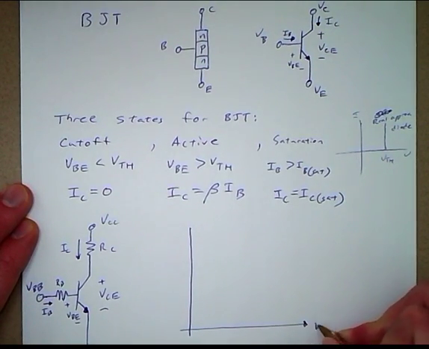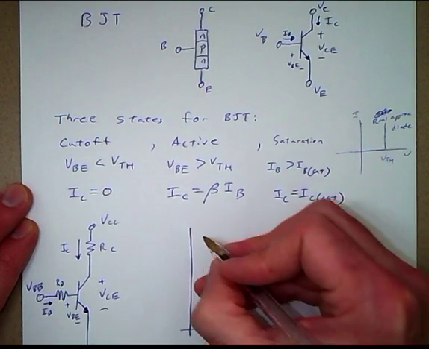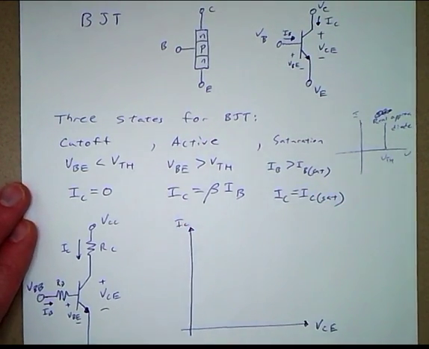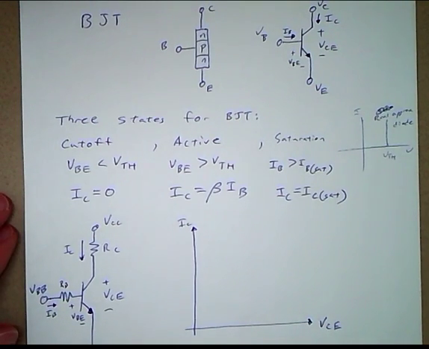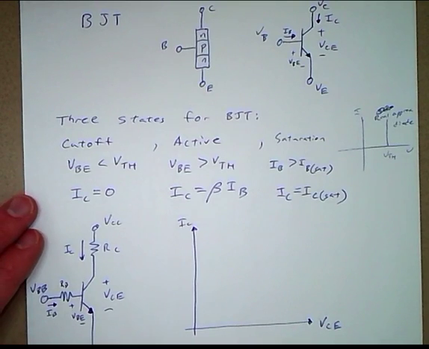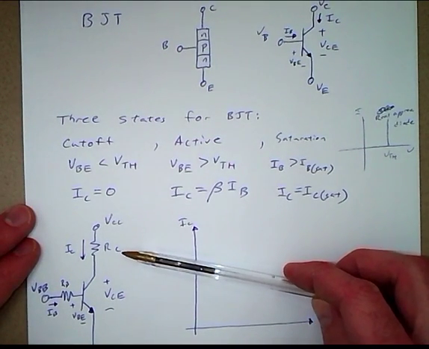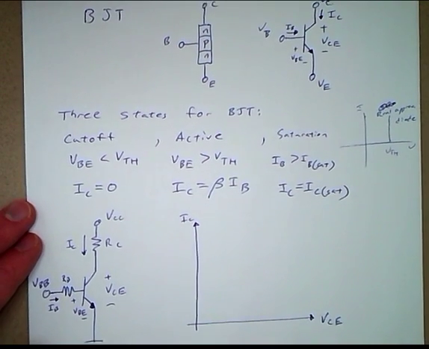So here is VCE, and here is IC. So we know something about VCE, which is that VCE plus the voltage drop across this resistor is equal to VCC.